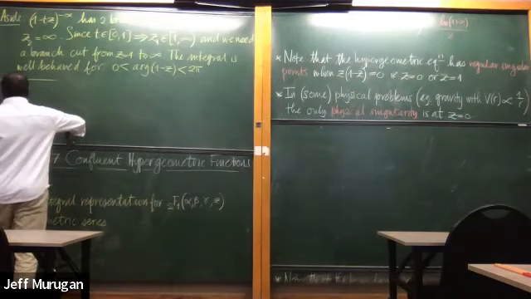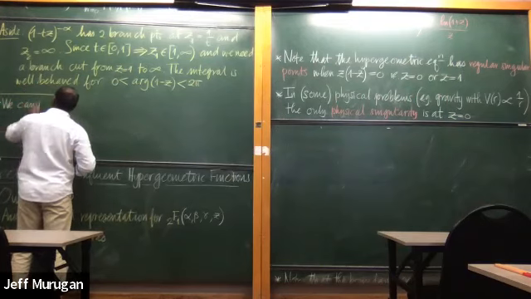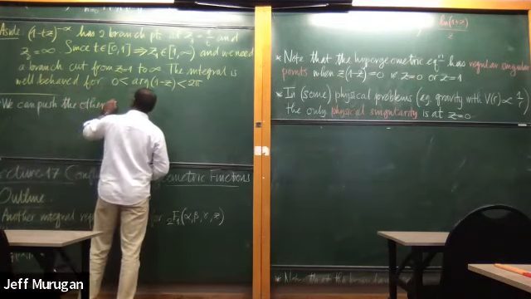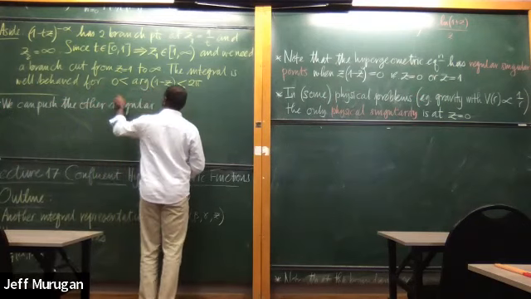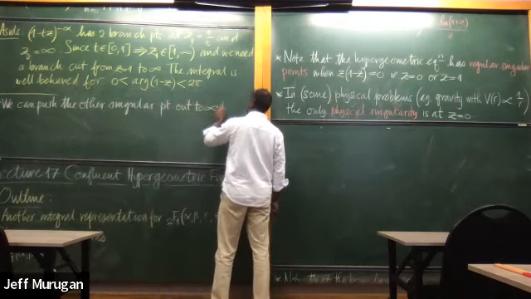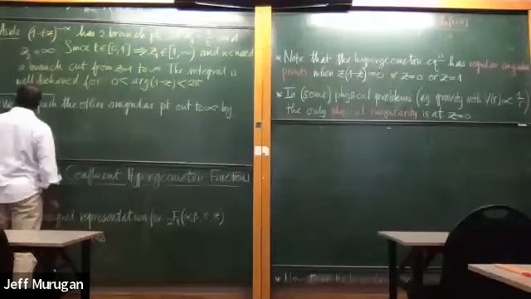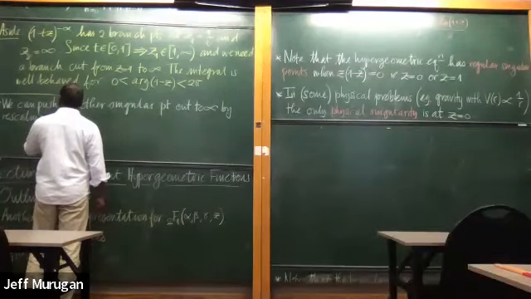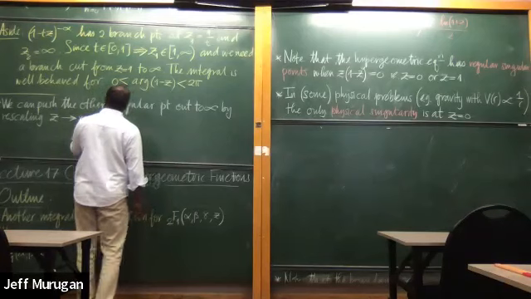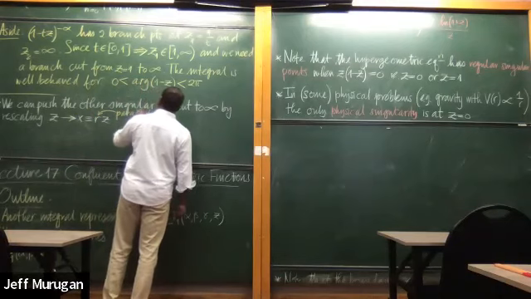So we can push the other singularity out to infinity by rescaling z to, let's say, x equal to r times z, where this r is a parameter that we get to play with to tune.